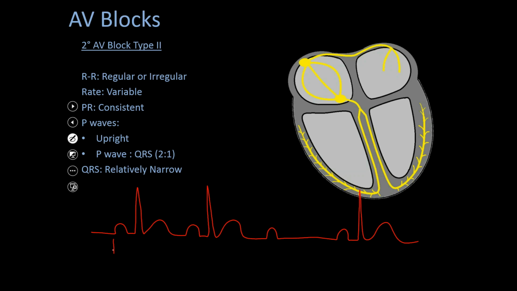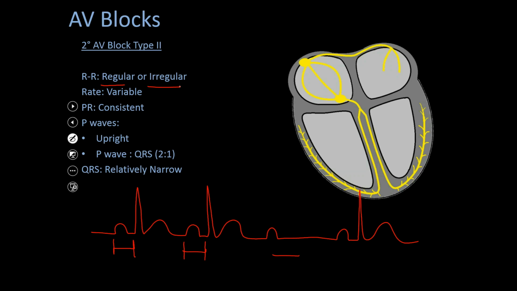See how the PR remains consistent prior to the block. Now, second degree AV block type 2 could be regular or irregular.